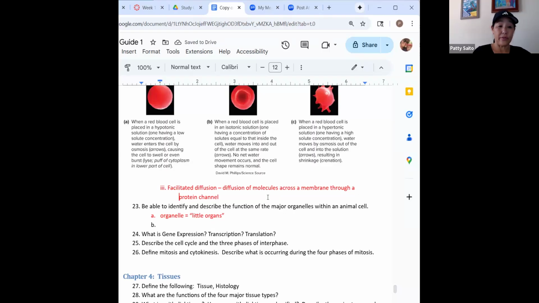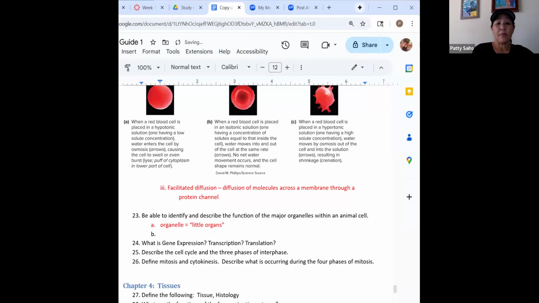So this is, again, diffusion, so movement of molecules from high to low concentration, but it goes across the membrane, but it needs the help or the facilitation by a protein.